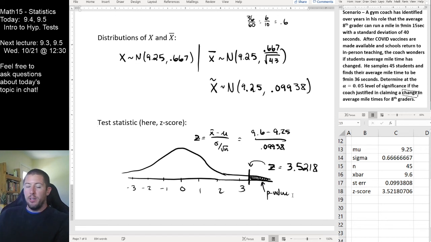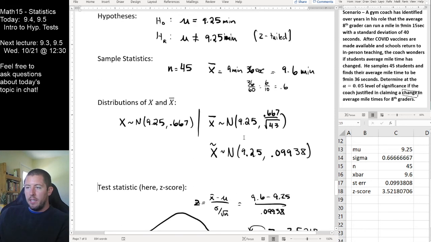Our p-value is a very tiny shaded region. We're expecting to see a really small p-value. We're asking, if we were to do this experiment again, assuming the null hypothesis is still true, what's the probability that you're going to see something more extreme than 3.5218? Very, very small.